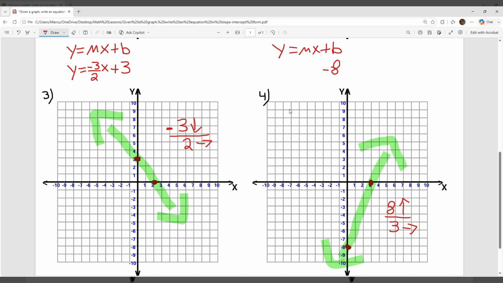So slope is rise over run. You always want to count your steps up and down first before you go to the right. So your slope is 8 thirds. Again, do not say 8x over 3 because the slope is the number attached to the x. And that's all.